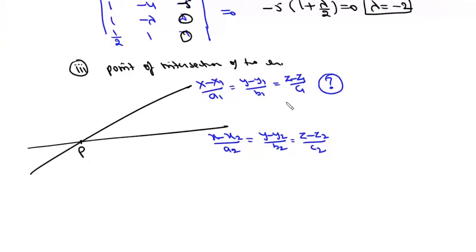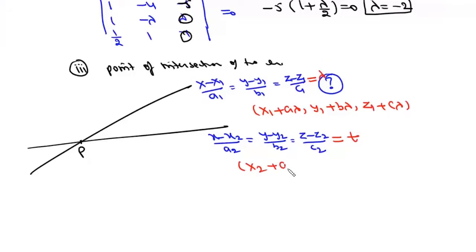Now in order to check and to find the point of intersection, we'll write an arbitrary point on this line in terms of a parameter lambda. So any point on this line, we can write as x1 plus a lambda, y1 plus b lambda, and z1 plus c lambda, and we'll take an arbitrary point on the second line in terms of another parameter, say t.